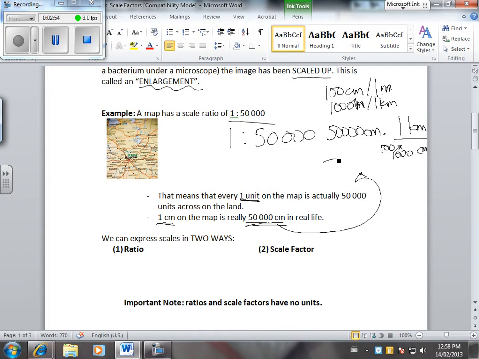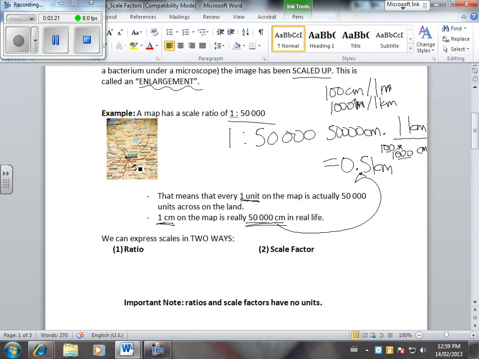That ends up being 100,000, and we would end up with 0.5 kilometers. So if you're looking at this map and you wanted to go from here to here, say that's about 1 centimeter, you would actually have to walk or drive 0.5 kilometers.